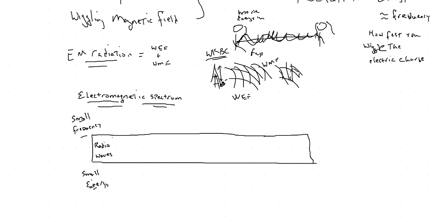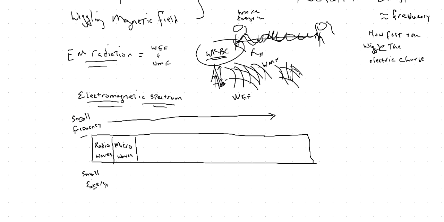Now, if the radio station WKBC wiggles those charges a little faster, they get more energy out, and you get something called a microwave, electromagnetic. And if they wiggle it even faster, we're going to increase the frequency.